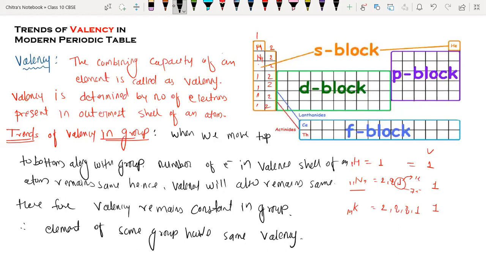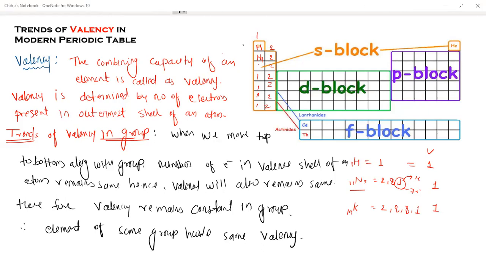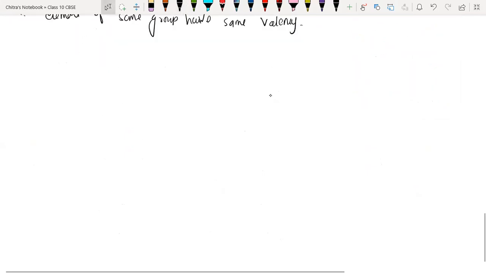So now we are going to understand the trend of valency in periods. In a period, very important. See, again I'm discussing the same period.